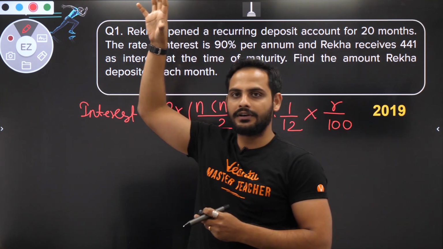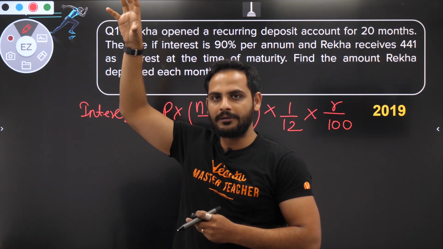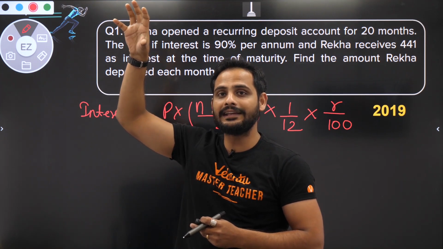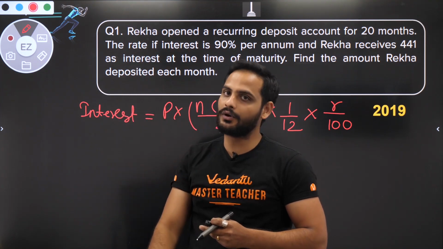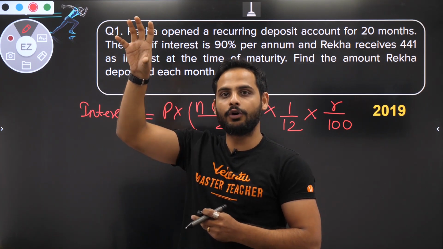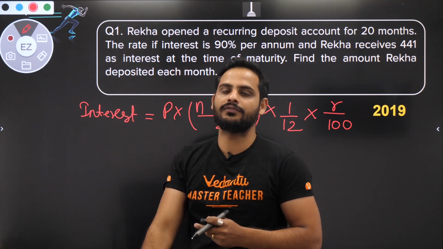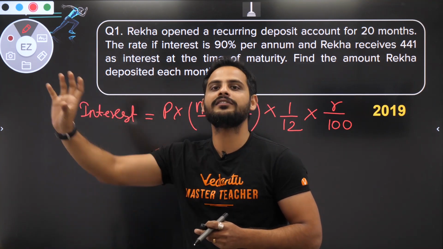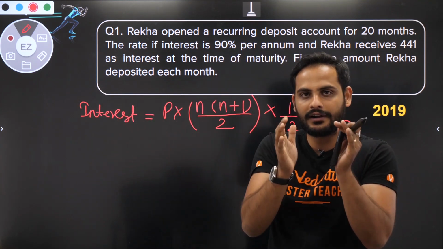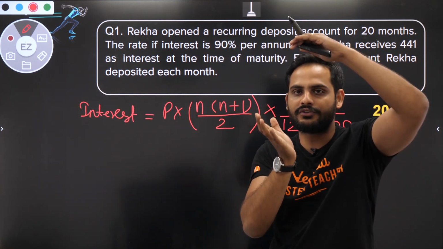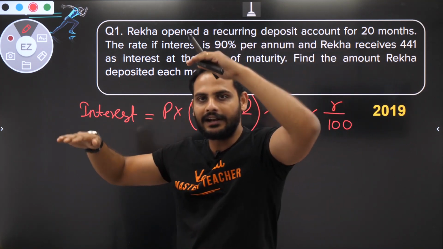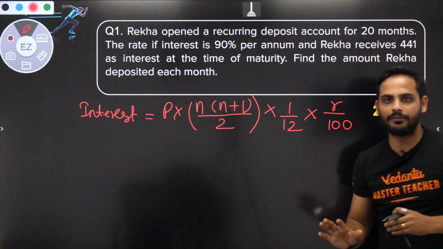The first 100 rupees which you have deposited in the first month, on that 100 rupees you will be getting the interest 12 times, because it is for 12 months. The next month, whatever 100 rupees you will be depositing, on that you will be getting the interest for 11 months, then for 10 months, then for 9 months and so on. So using all this, this will be the final formula you have.